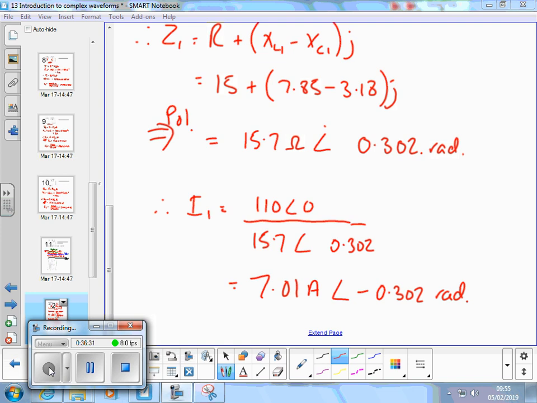We should know that's going to be negative because the inductive reactance is bigger than the capacitive reactance at this frequency. So the overall inductive circuit means we get a lagging current. But how do we check that, guys? Remember? Inductive circuit, current lags voltage.